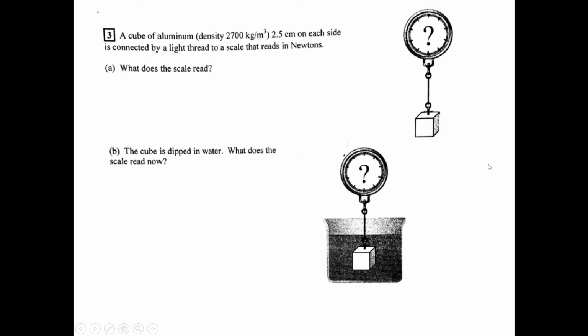So we're just holding on to it, and the cube is down below. And then more interesting for our purposes is if we then submerge the cube in water, completely submerge, how does the scale reading change? What's the new scale reading? So if you want, try to figure out what both of those are. You can pause the video and then come back in just a second to see the solution.